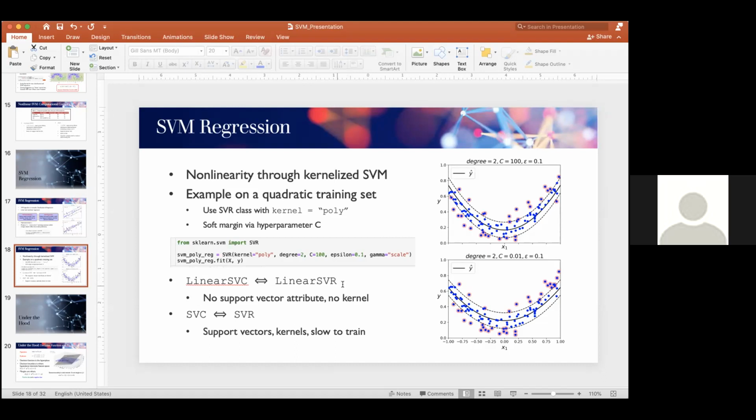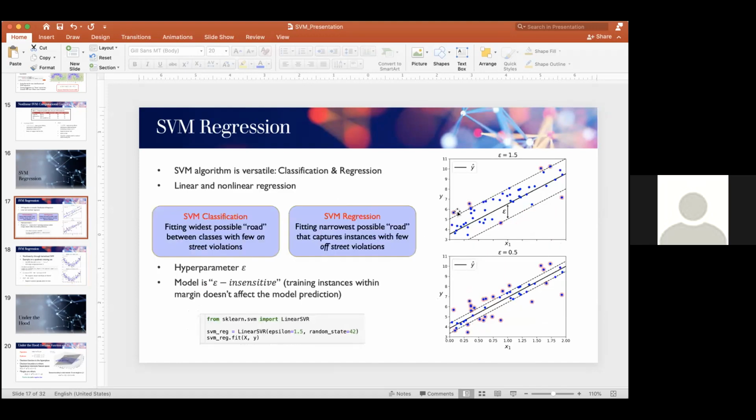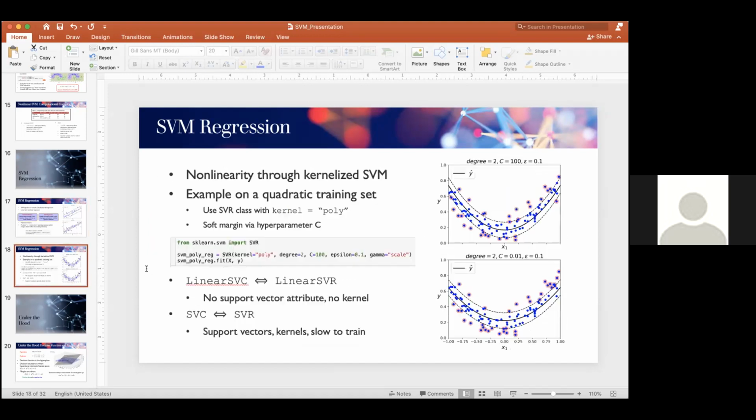So you do need to pull out the intercept_ and coef_ and compute which of the training instances are support vectors yourself. However, SVR can give you the support vectors. If you say SVR.support_vectors_, you will get a list of all the training instances that are tagged as support vectors.